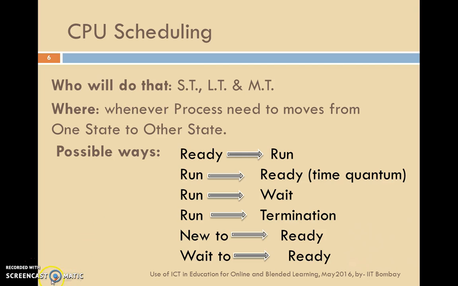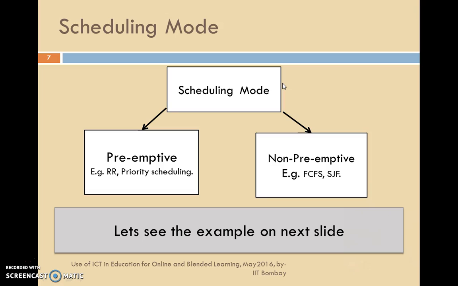In the broad picture, the short-term, long-term and medium-term schedulers decide, but without the help of an algorithm they do not actually schedule. Whenever a process needs to move from one state to another, these schedulers do the scheduling, but they need help from algorithms like round robin, first come first serve and shortest job.